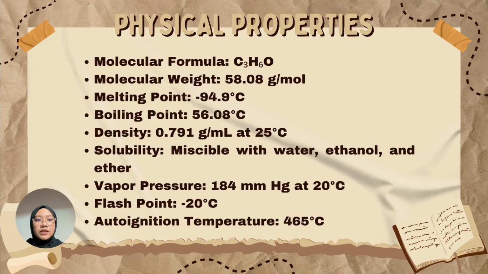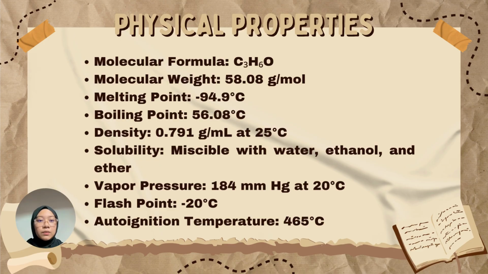Physical properties of acetone. The first one is the molecular formula C3H6O. Next is molecular weight, 58.08 g/mol. The next one is melting point, negative 94.9 degrees Celsius. Boiling point is 56.08 degrees Celsius.